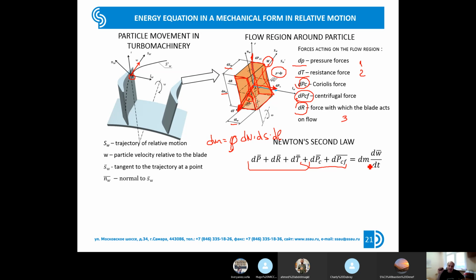It's the Newton's second law for relative motion. In other words, it's the D'Alembert equation.